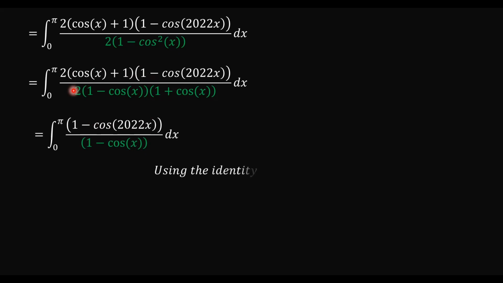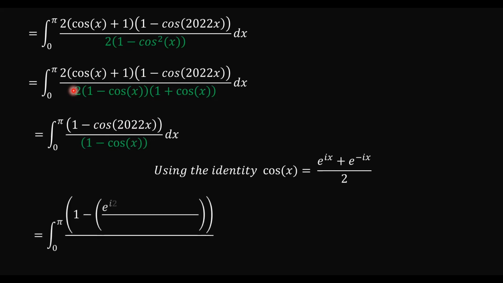Using Euler's identity, cosine x is equal to e to the power ix plus e to the power negative ix, over 2. We can substitute that in the denominator. In the numerator, we have e to the power i2022x plus e to the power negative i2022x, over 2, in place of cosine 2022x.